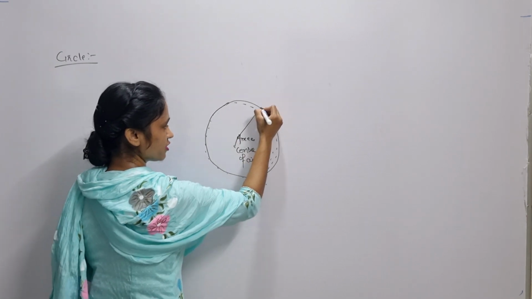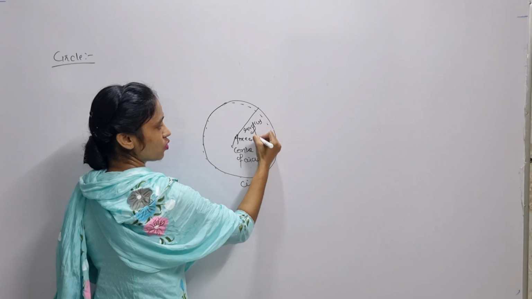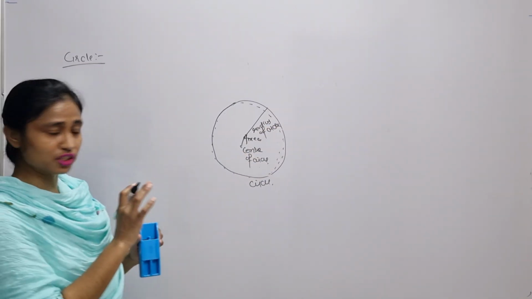And what is the constant distance? That is said to be the radius of the circle. So I am going to write the definition.